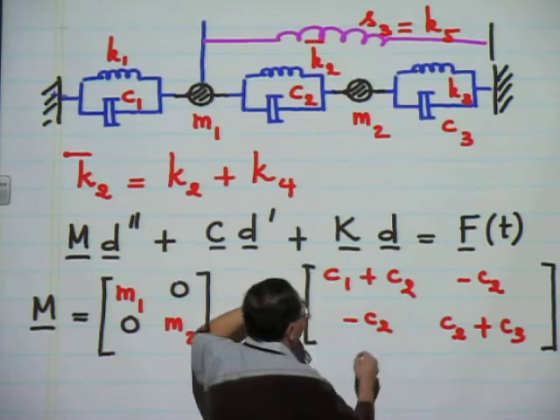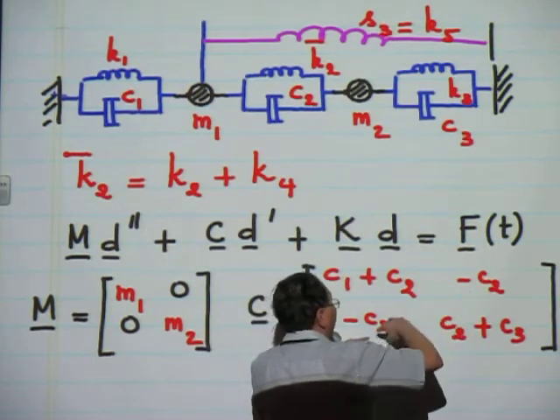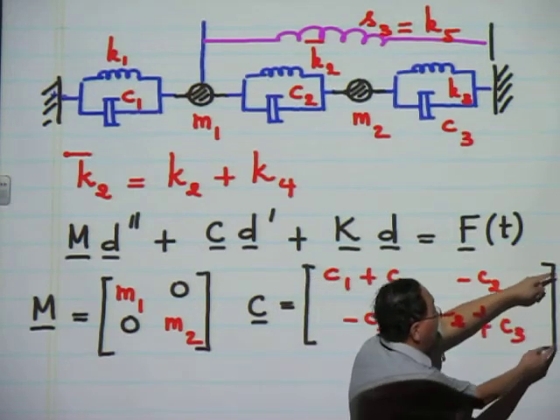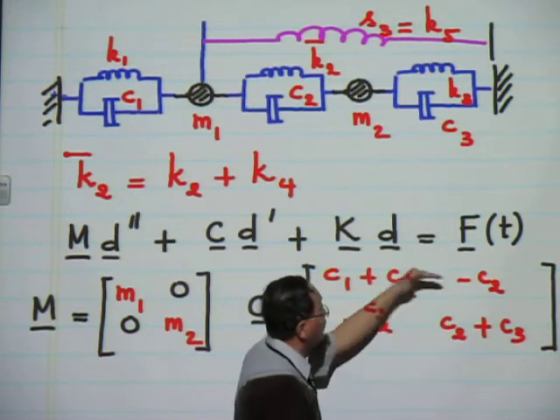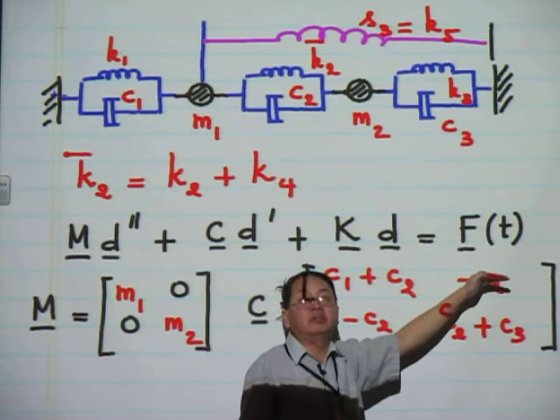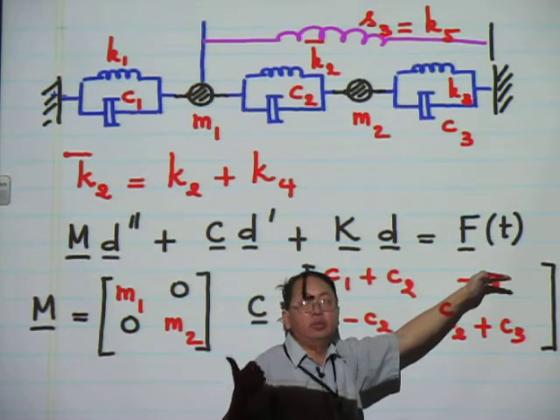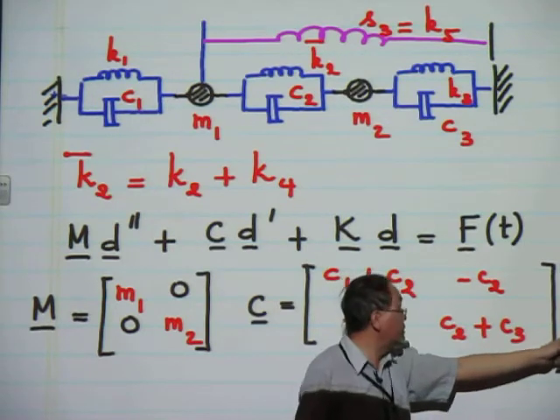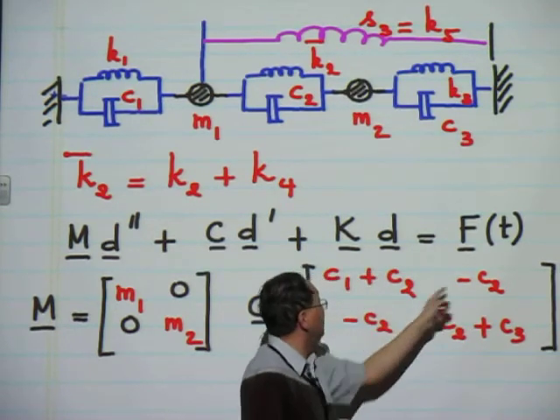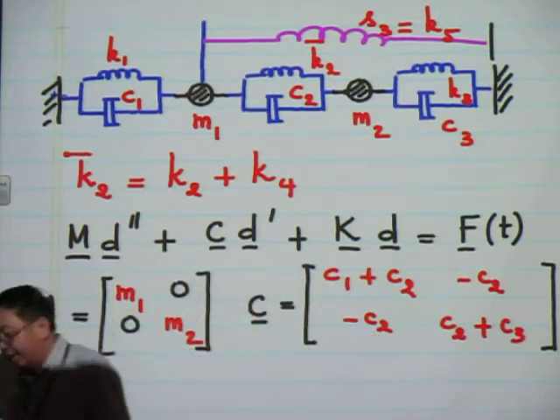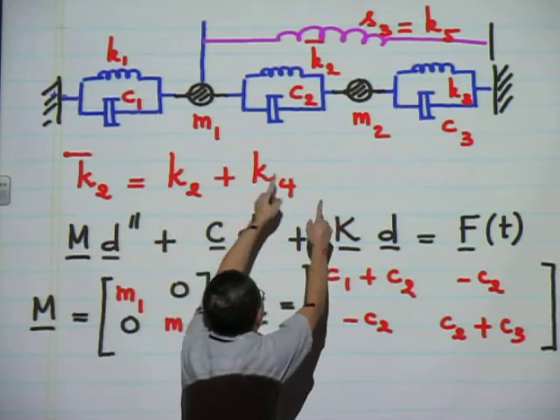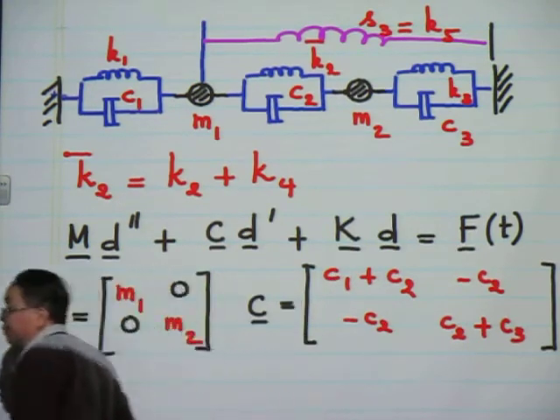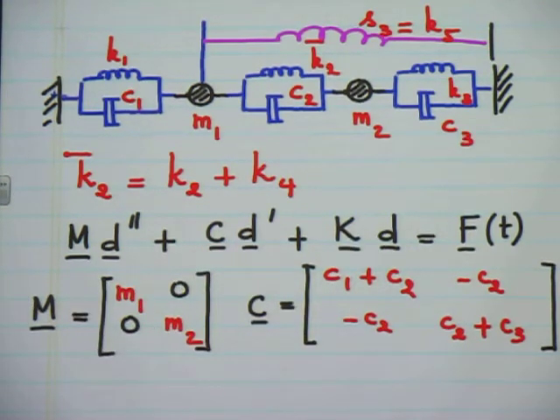And then the off-diagonal terms are essentially the coupling terms between D1 and D2, because the first equation corresponds to the equation of the displacement D1, but it involves the displacement or the velocity D2. So these two terms are called the coupling terms. And so C2 is between D1 and D2, and therefore the coupling term is minus. Don't forget the minus sign.